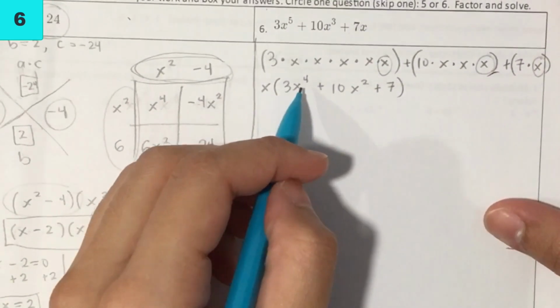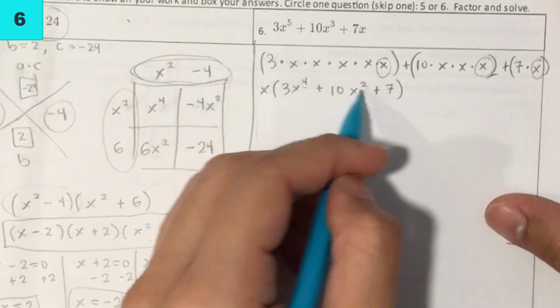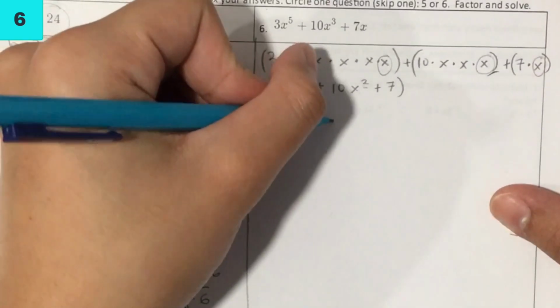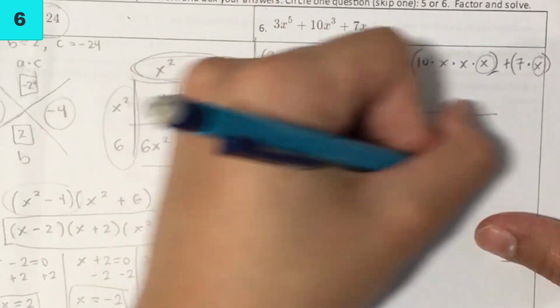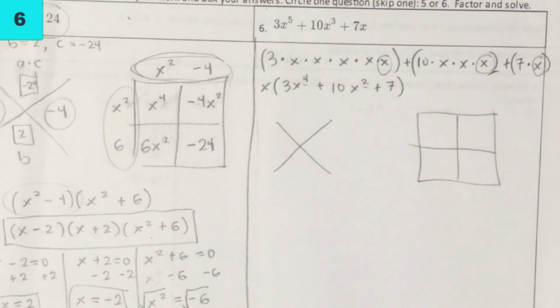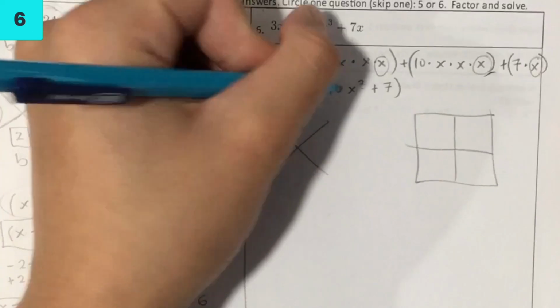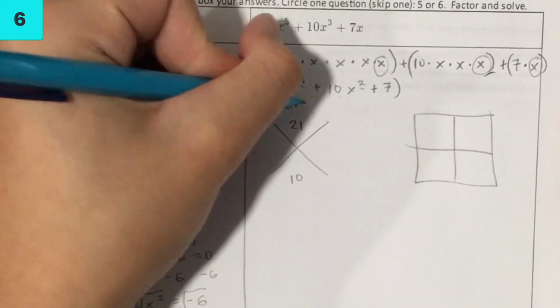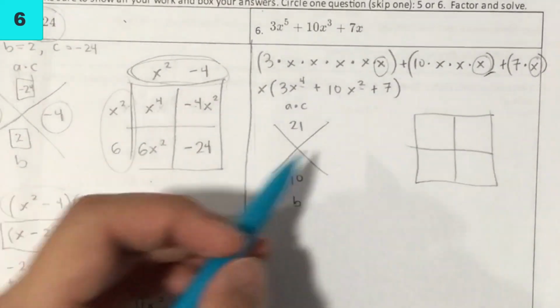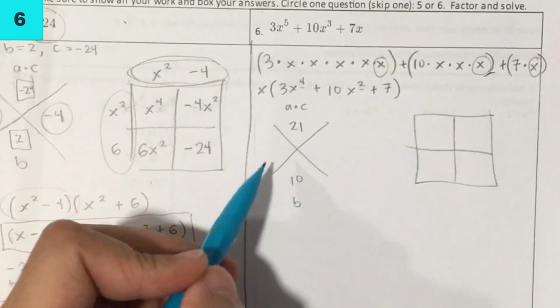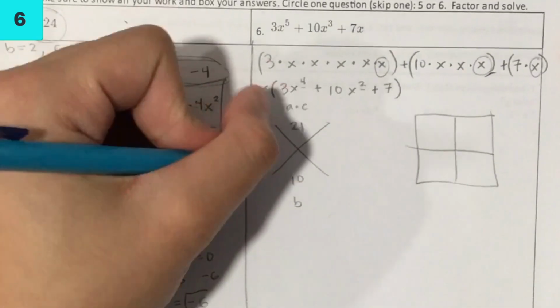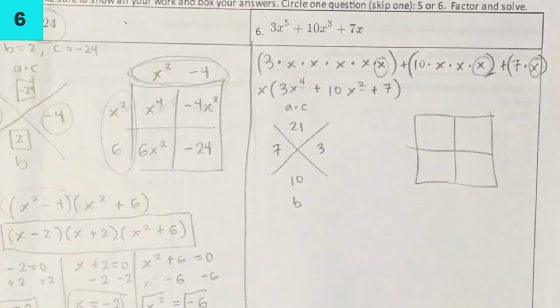Then here we can see that the half of 4 is 2, which means we can use the x box. 7 times 3 is 21, and our b value is 10. Two numbers that multiply to be positive 21 and add up to be 10 are 7 and 3.